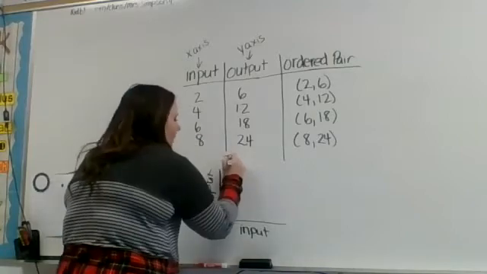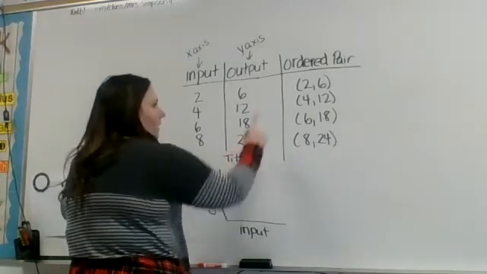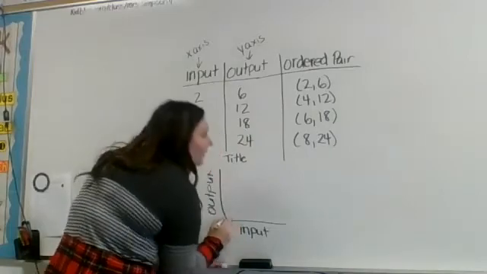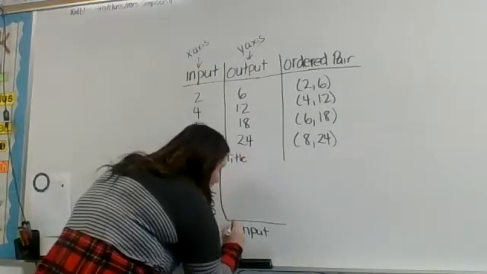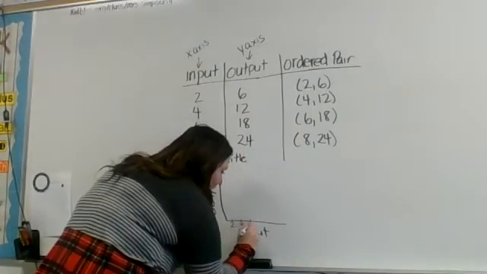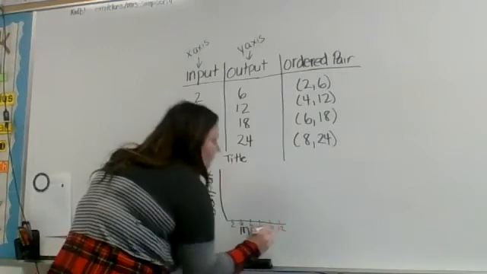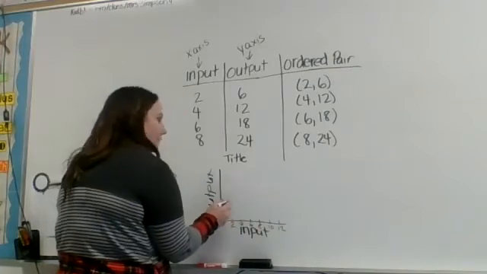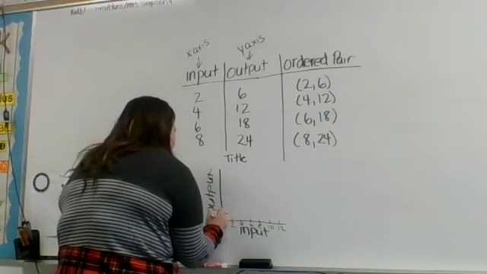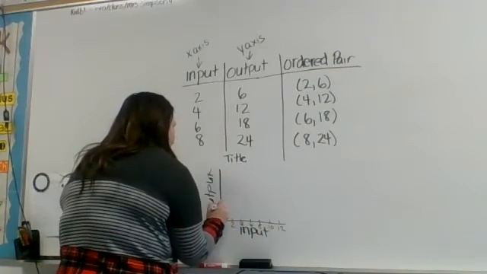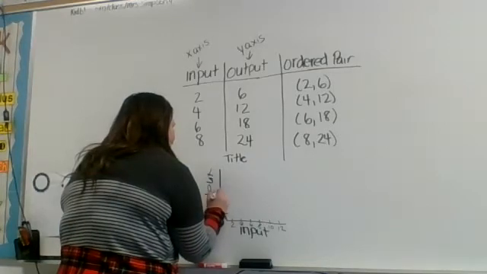And up here, I would need to have a title. And my scale would make sense to go by 2s over here. And I would say 6s probably make the most sense on this side.